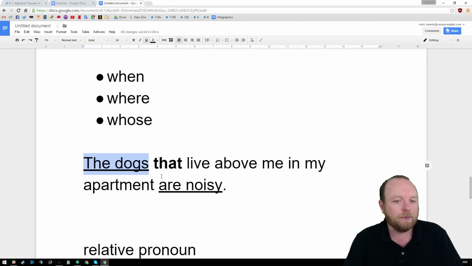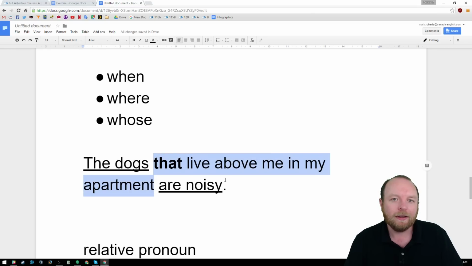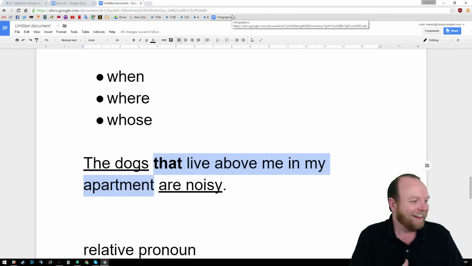This is the subject of this clause, right? Understand? But this is the subject of this clause right here. Is that okay? Does everybody understand that? Guys, does Jonathan know?